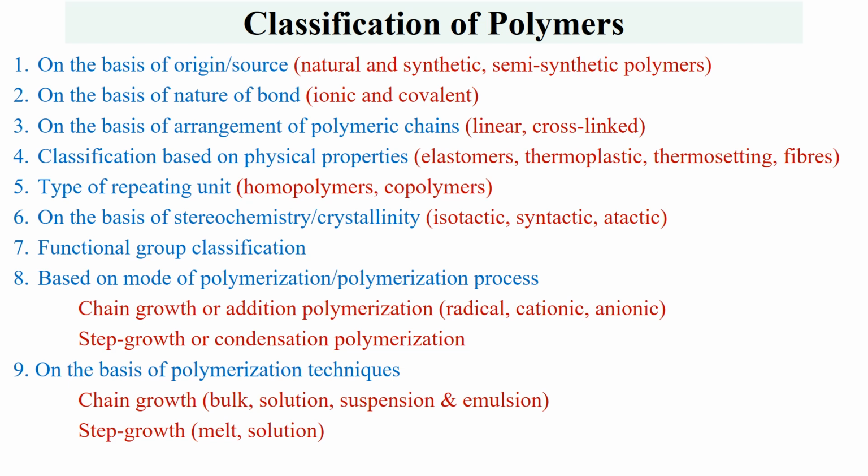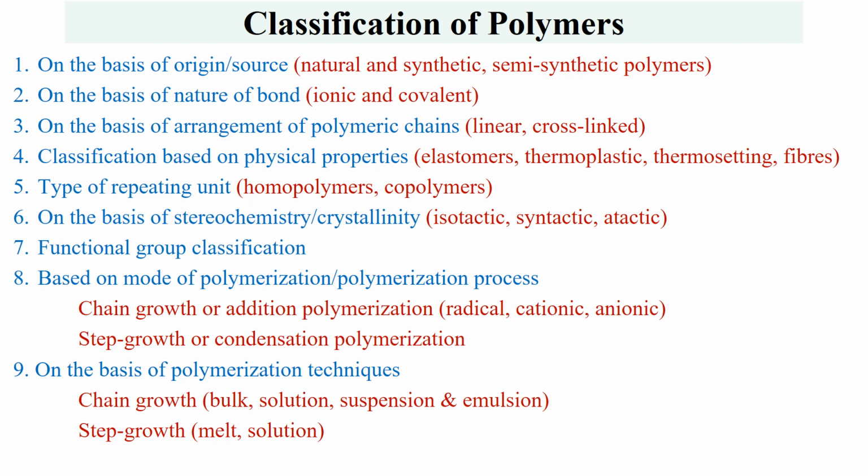On the basis of stereochemistry or crystallinity, these are classified into isotactic, syndiotactic, and atactic polymers. And another classification is based on the functional group, although it is less commonly used.